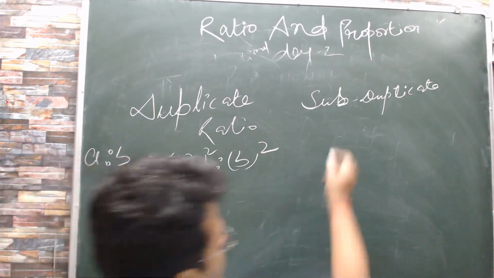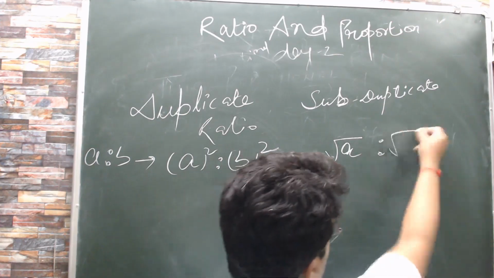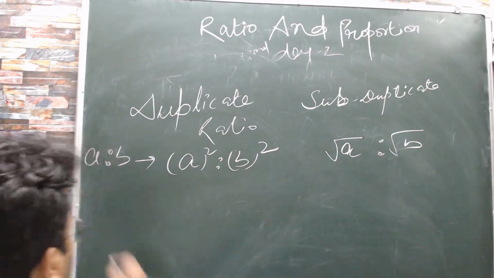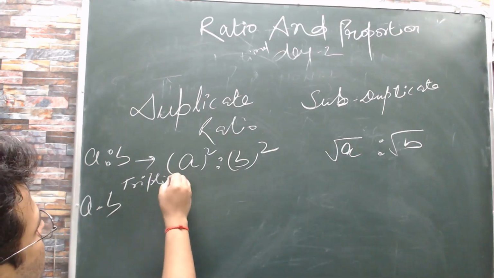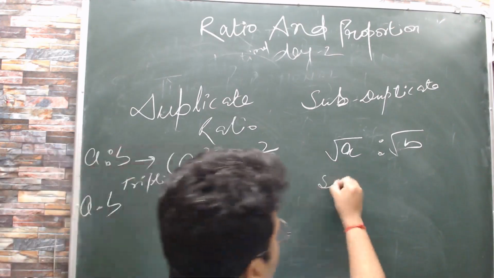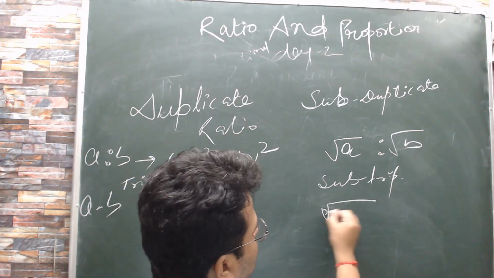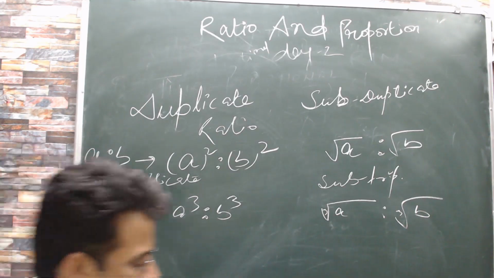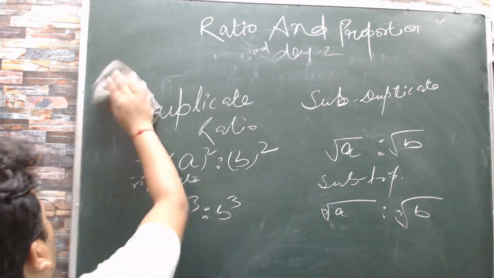This is the duplicate ratio. How will we find the subduplicate ratio? Find the square root of them. This is the duplicate ratio, this is the subduplicate ratio. If you are given A and B and need to find the triplicate ratio, it is A cube ratio B cube. And what is the subtriplicate? For the subtriplicate ratio, you need to find cube root of A ratio cube root of B. This is the duplicate and triplicate ratio. This general concept generally does not come in exams, but it is just for information.